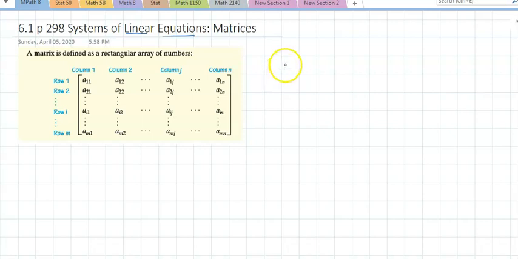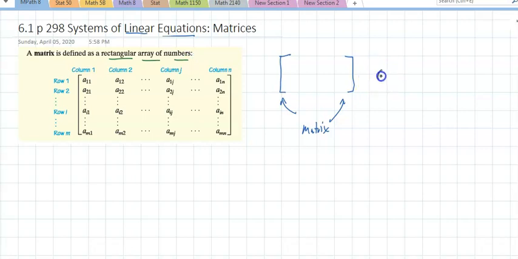A matrix takes the following notation. These are the notations for a matrix. And what's a matrix? A matrix is defined as a rectangular array of numbers.